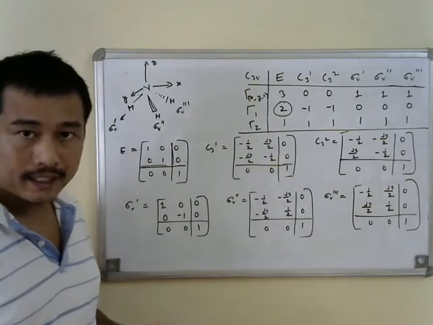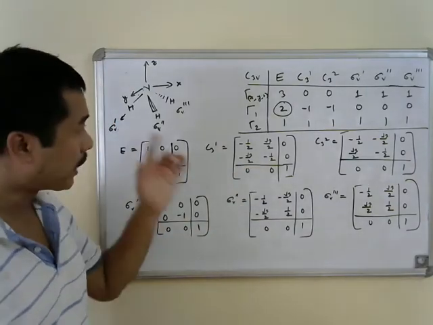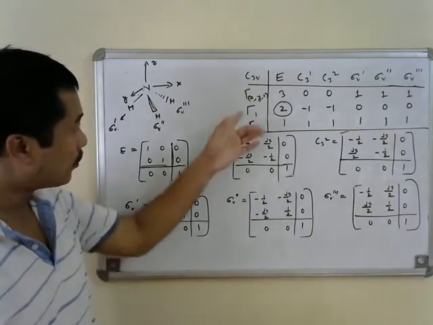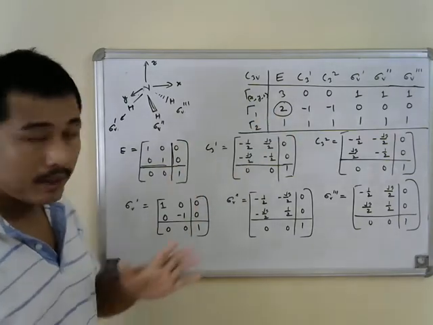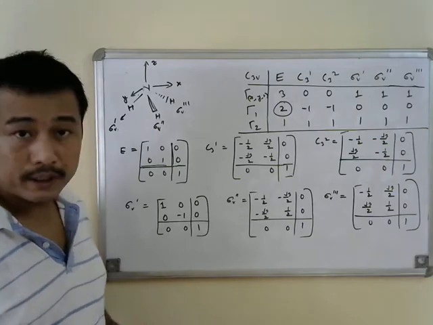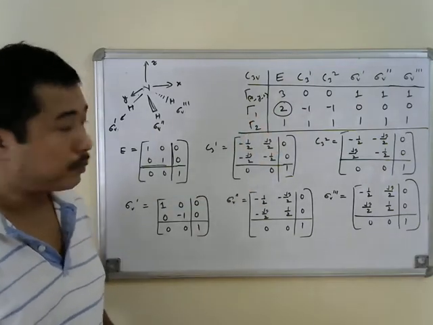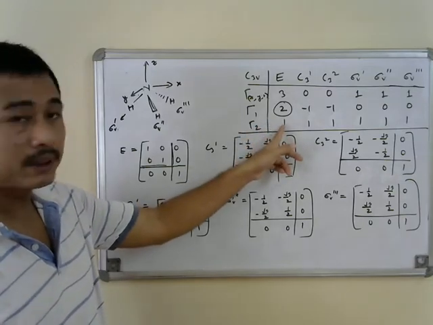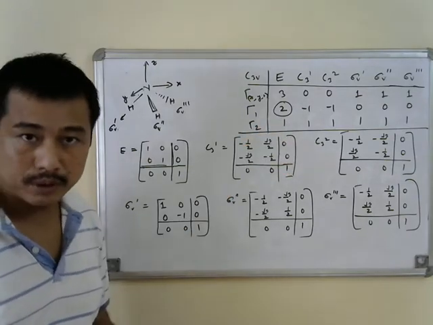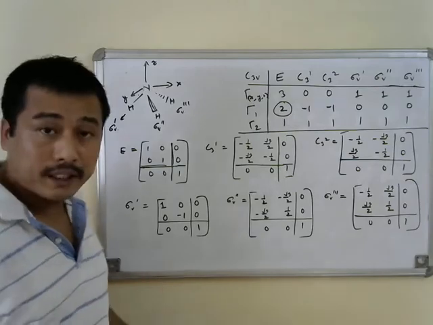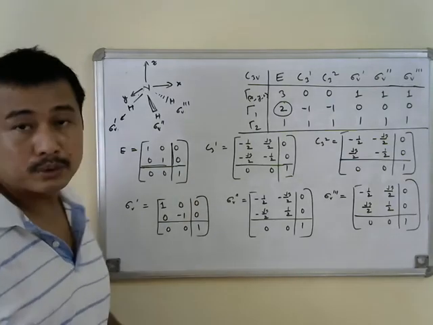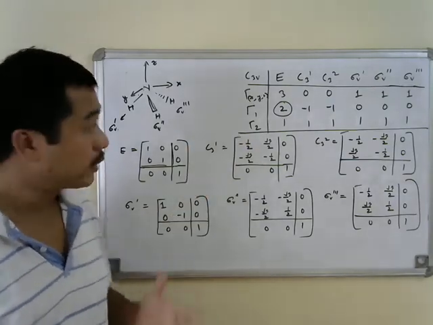And by looking at the character of the identity matrix, essentially we can tell the dimensionality of the representation, because the character of the identity operation will be equal to the dimension of the representation. For a one-dimensional representation it is equal to 1, for a two-dimensional representation it is equal to 2, and for a three-dimensional representation the character for the identity operation is going to be equal to 3.